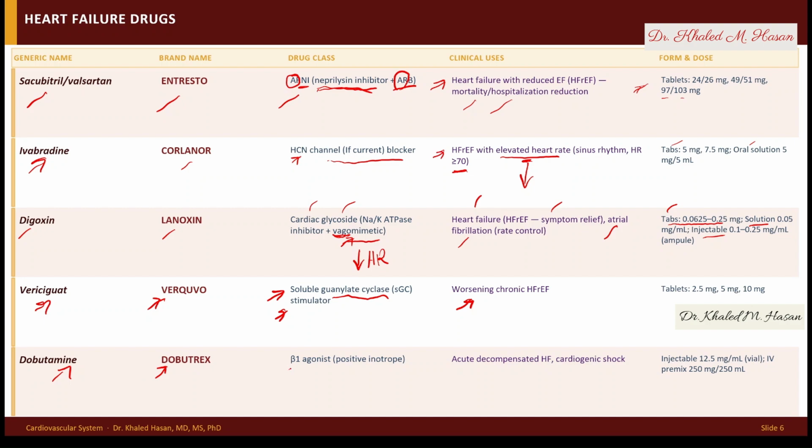This medication belongs to the beta 1 agonists, a positive inotrope that increases contractility and stimulates the heart. We use dobutamine for someone suffering from acute decompensated heart failure or cardiogenic shock. It is available as an IV injectable and also premixed.